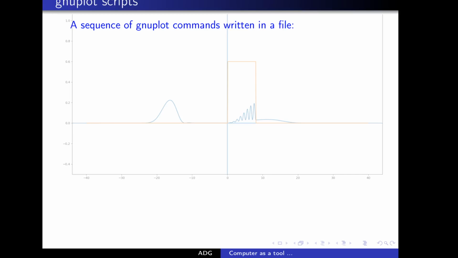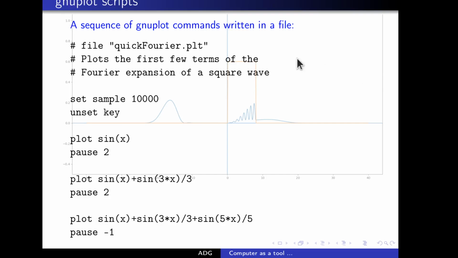Let me give you an example of a very, very simple and rudimentary Gnuplot script. Here, what we have are 3 lines at the beginning which have hash marks at the front. These are comments. They're ignored by the Gnuplot interpreter. After that comes the actual Gnuplot commands.